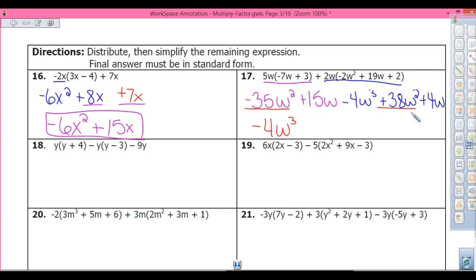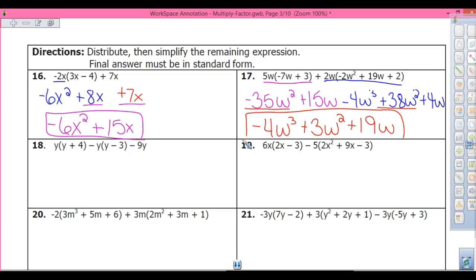What do we get? Plus 3w squared. And then we can combine our w's and get plus 19w. And that is our answer. Kind of fun, huh?